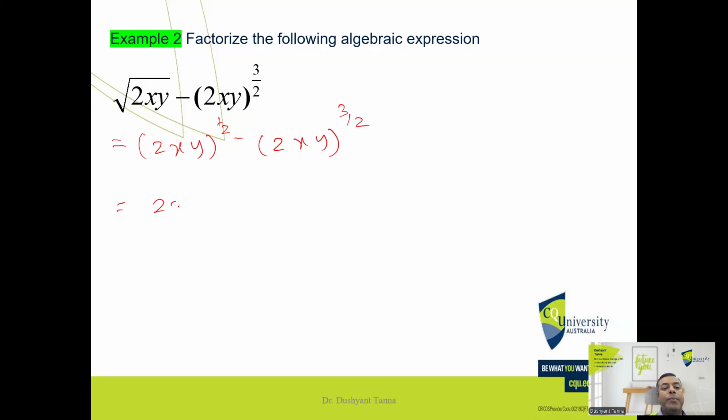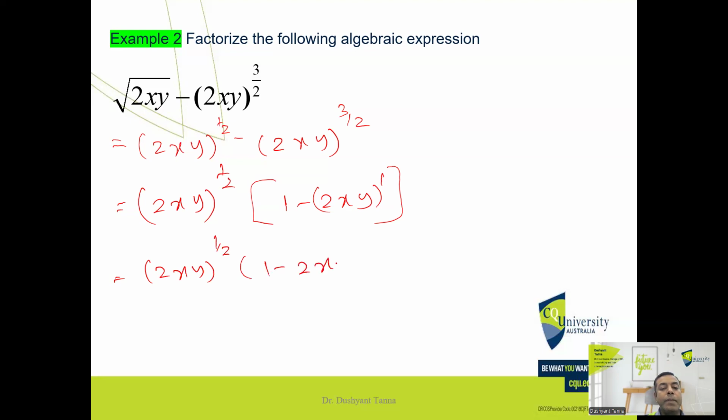So I can always take 0.5 or half power common inside. It will be 1 power, isn't it? 3 over 2 is 1.5, half is 0.5. I took that half power outside. And 1 power is the number itself.